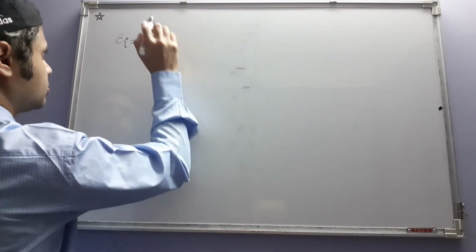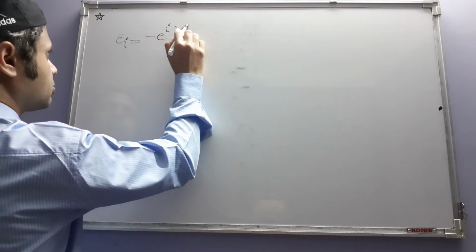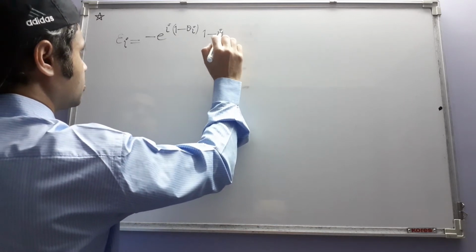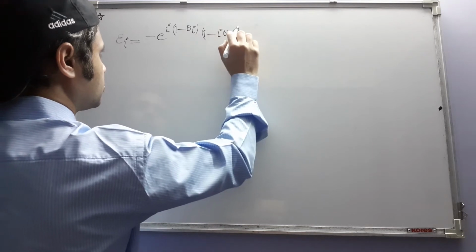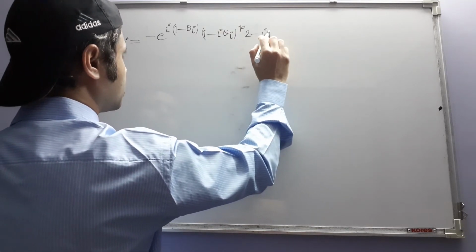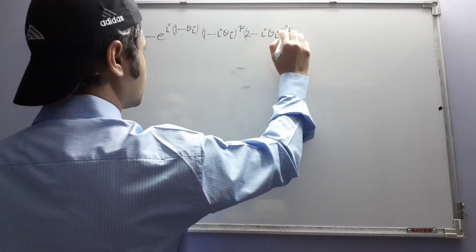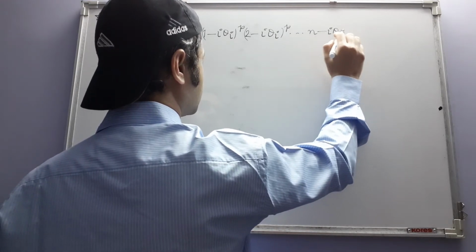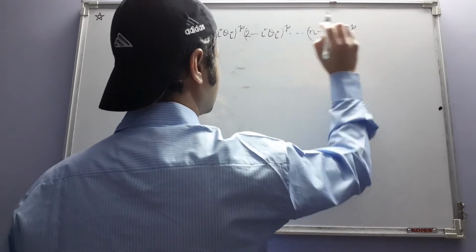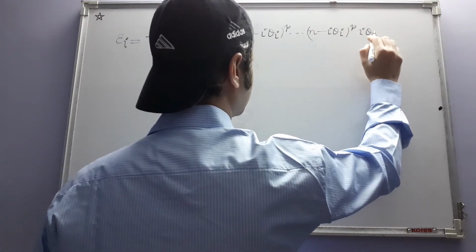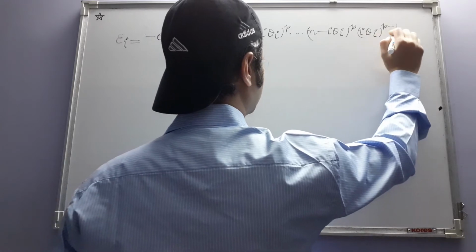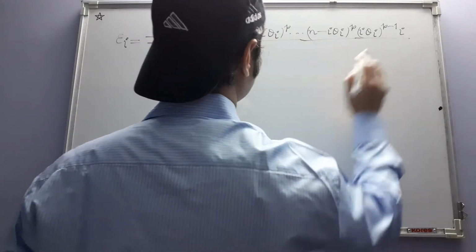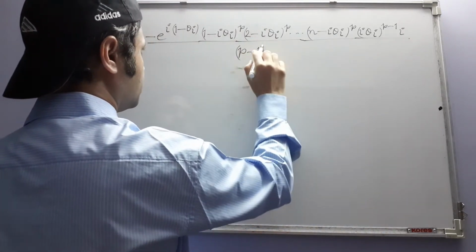Now in that proof, we came across quantities like this: epsilon i, equal to minus (1 minus i theta i)(2 minus i theta i) whole to the power p, etc., (n minus i theta i) whole to the power p times (i theta i) to the power p minus 1 times i, divided by (p minus 1) factorial.